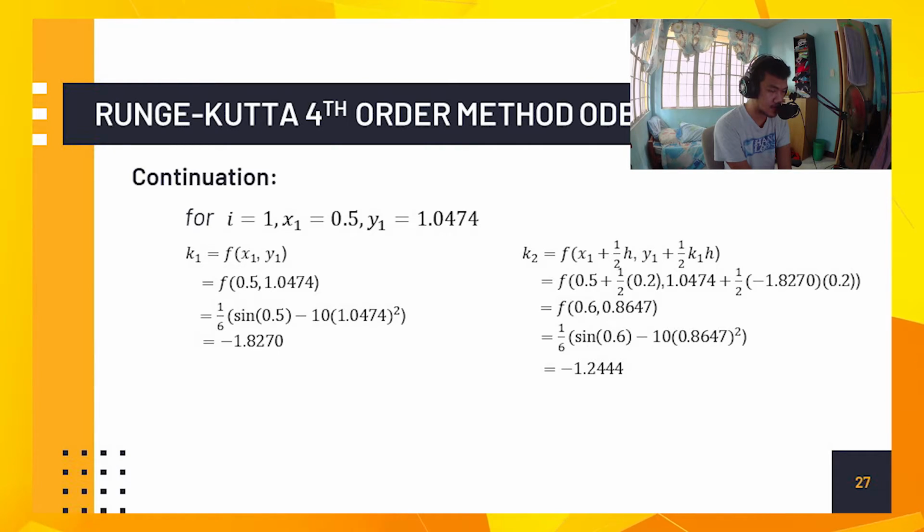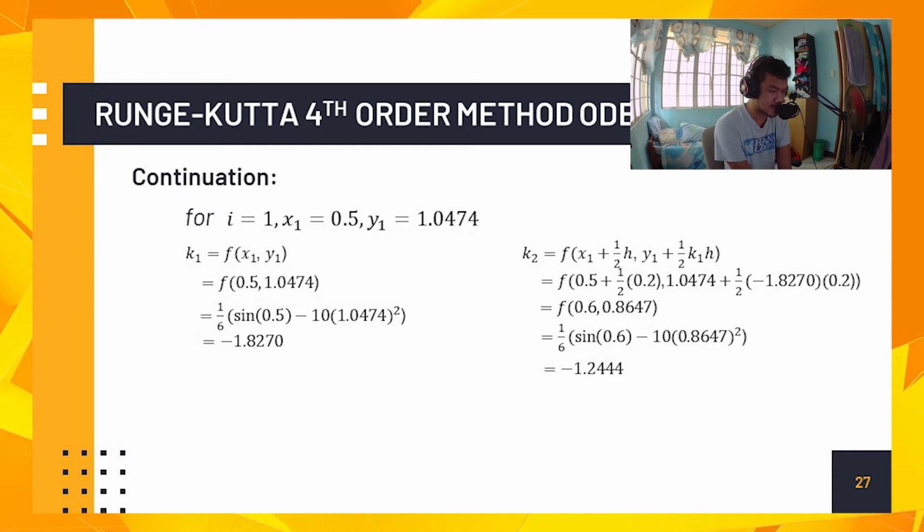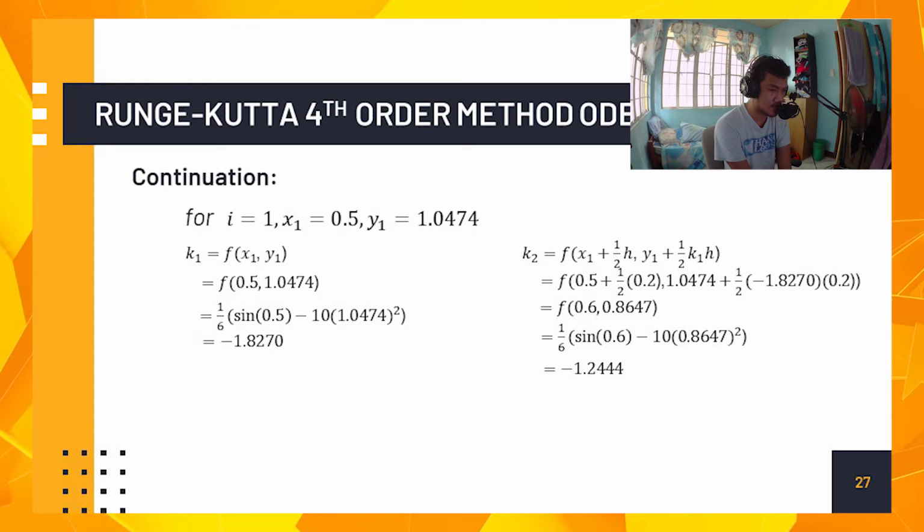1.8270. For k sub 2, we have f of x sub 1 plus 1 half h comma y sub 1 plus 1 half k sub 1 h. Substituting the values, we have f of 0.5 plus 1 half 0.2 comma 1.0474 plus 1 half negative 1.8270 times 0.2.